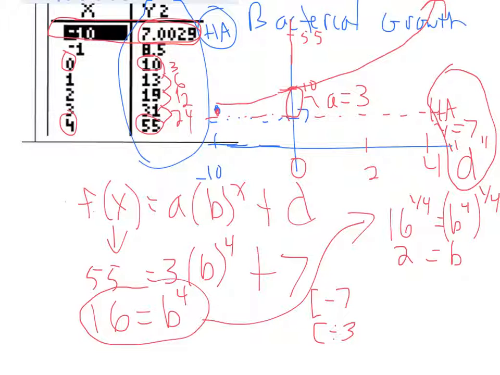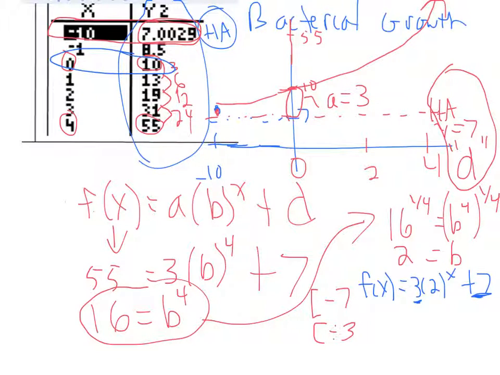So the exponential function in this case is going to be f of x equals 3 times 2 to the x plus 7, and in terms of our real-life context, that means we have 7 bacteria that cannot reproduce. It's a vertical shift up by 7, and we have 3 bacteria that can reproduce, and you can see that in the y-intercept, there's 10 in total.